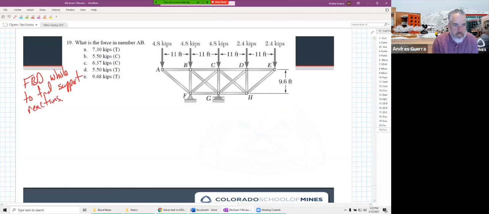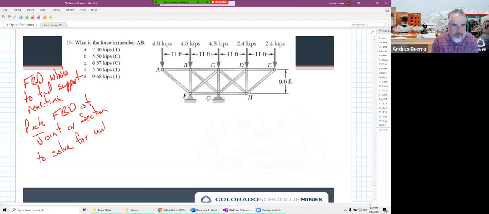And then we need to pick an FBD of either a joint or a section to solve for the unknowns that we're looking for. Now, we may not always need to do the FBD of the whole thing.